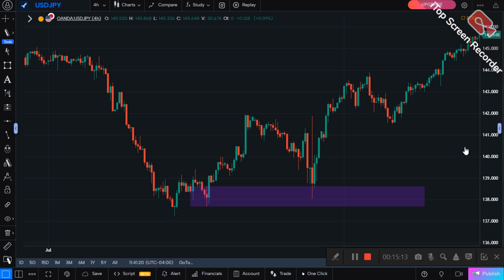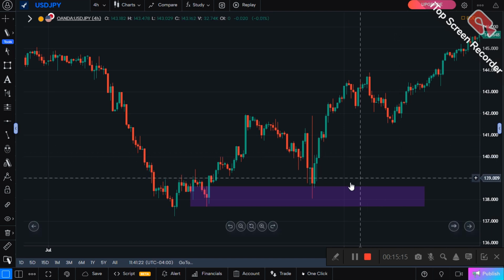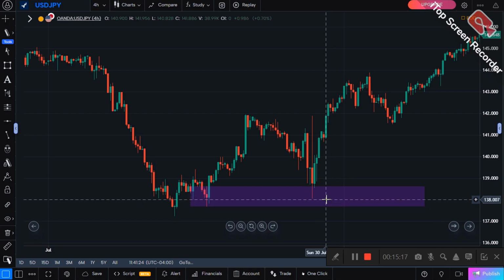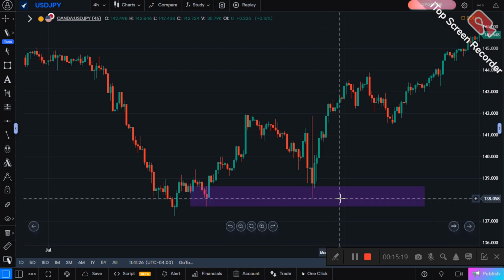Okay, this is a 4 minute. The same condition was in the 1 day. So now our rejection block is as small as possible in 4 hour. One day, 4 hour, that's it, folks.